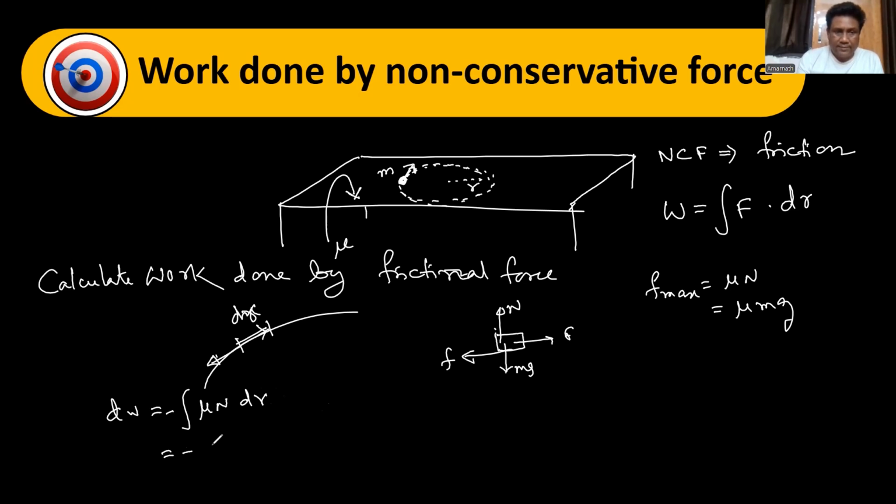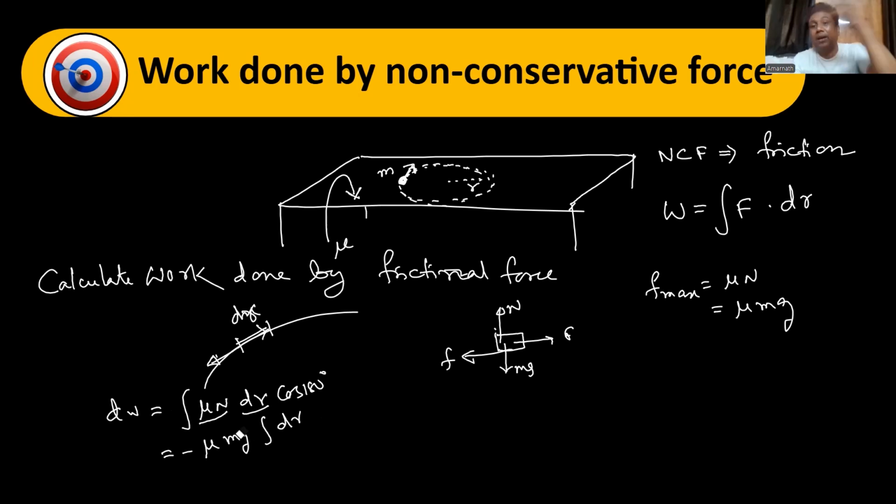So it is minus mu N, and N is nothing but mg, and dr is the magnitude only, na? Because you know that this is nothing but the magnitude. And for cos 180 degree, for that only I have put that minus sign. So I remove the minus sign. So in the second step, I have written minus mu mg because mu is constant and N is mg only. And that dr is the magnitude only.